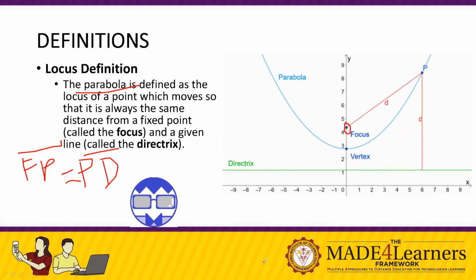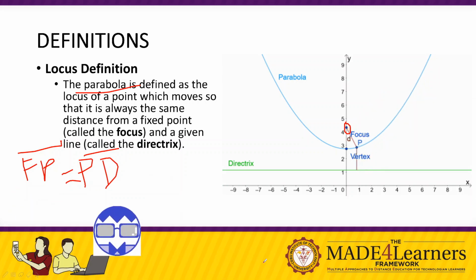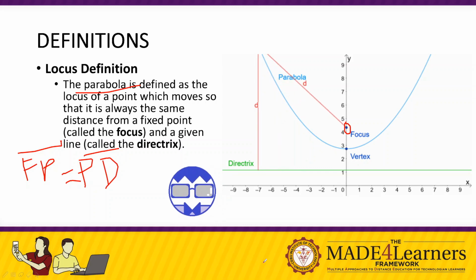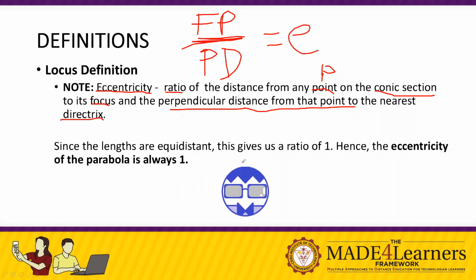So what happens if we divide these two? Divide FP and PD. What do you think will happen? Obviously, since they are equal, or in other words the lengths are equidistant, this gives us a ratio of 1 because they're the same. For example, if FP is 2, then PD is also 2.